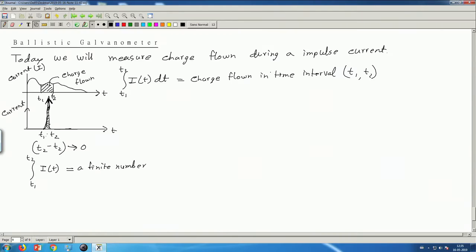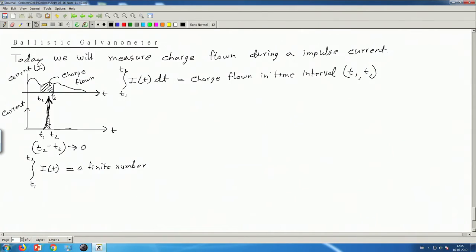Therefore, a very large height multiplied by a very small width comes out to be a finite number. It is neither 0 nor infinity. So, the charge flown within this time, that is the area under the curve, is a finite number, and particularly if this area is equal to 1, we call that a unit impulse. You may know that.